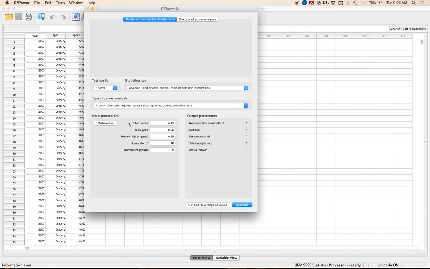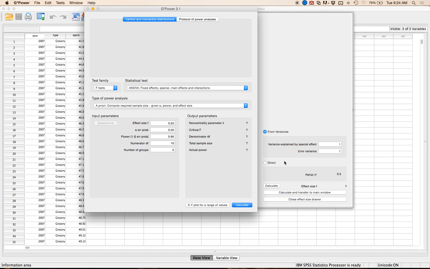That gives me several options. The first thing I want to do is determine the effect size. We can leave this as small, medium, and large in Cohen's f, or if you have an idea of what's going to happen, hit determine. Since I've done this example a couple times, I know that one of the effect sizes is really small, so I'm going to change direct over here.